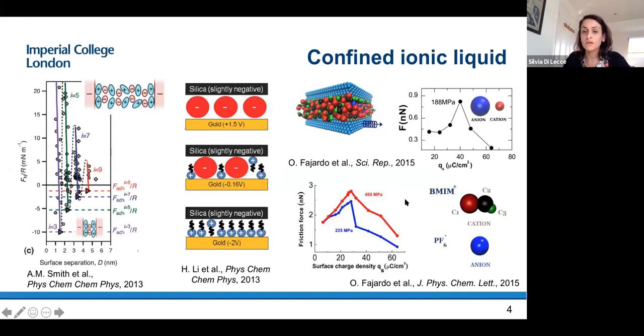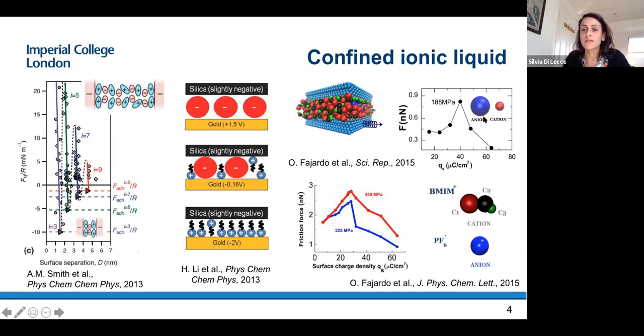From simulation, we have studied this in our group for a while now, and what we know is that the friction force changes with the surface charge that we apply across these plates, independently of how accurate the model is.